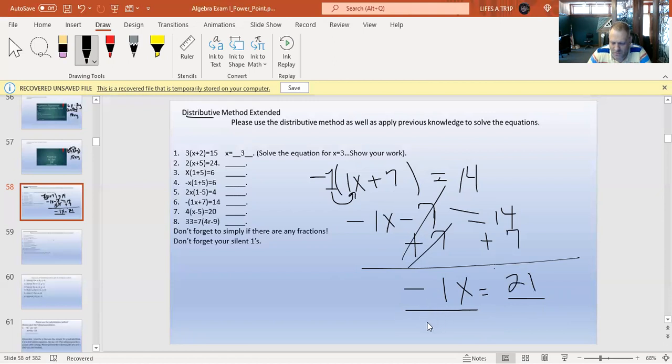So negative 1 to both sides. Cancel, x equals 1 into 21 is 21, and a negative into a positive is a negative. So your answer is going to be x equals negative 21.